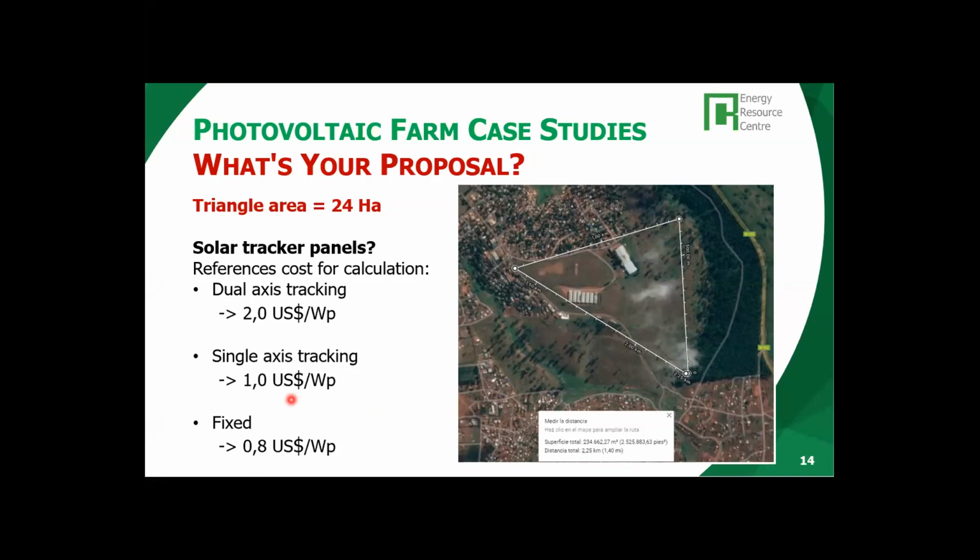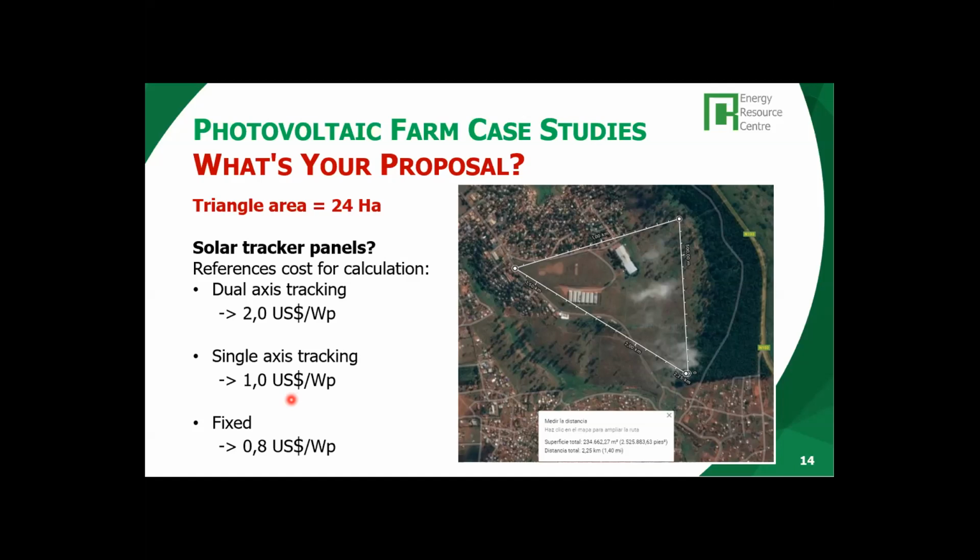Now, apart from the quantity of panels, of PV installed capacity, what would be the cost? Obviously, that is the second big element we need to consider in a feasibility analysis, even if it's a quick estimation like the one we are doing, just using satellite image and having a first reference of cost.